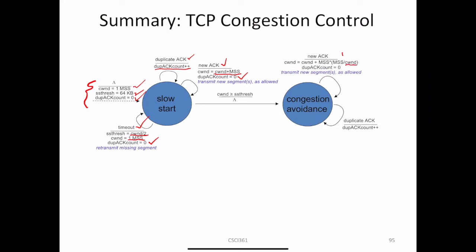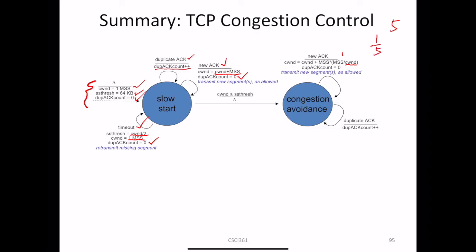I'll give you an example. Suppose the sender has already moved to the congestion avoidance state, and the sender sends out 5 segments to the receiver side. For each new ACK received by the sender, the congestion window will increase by 1 over 5.